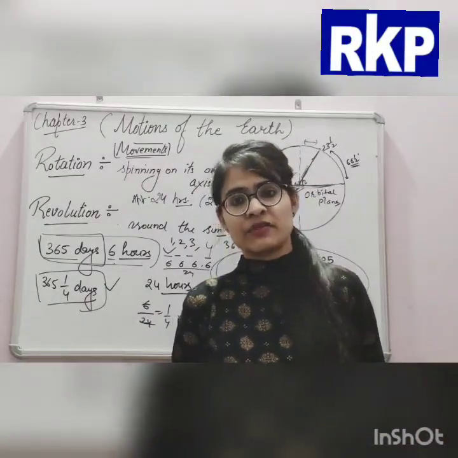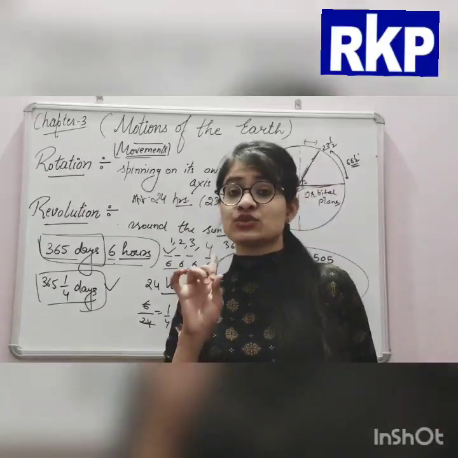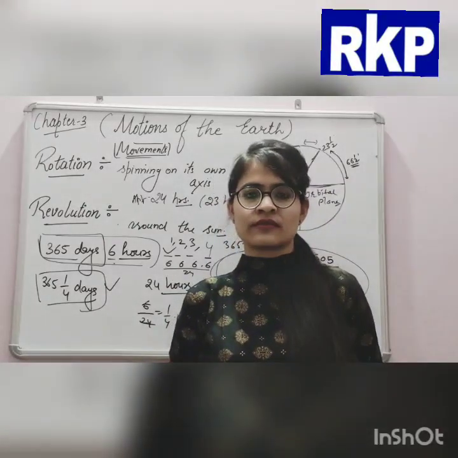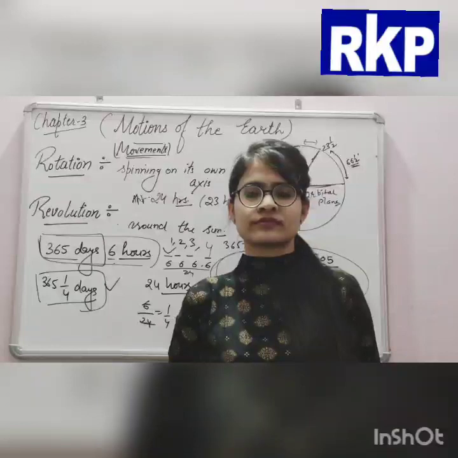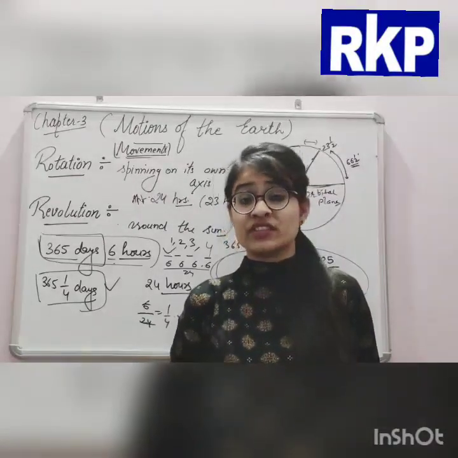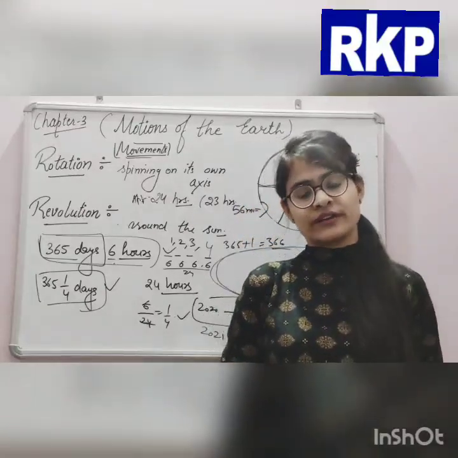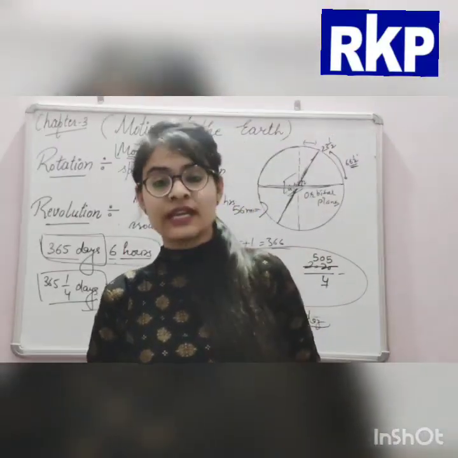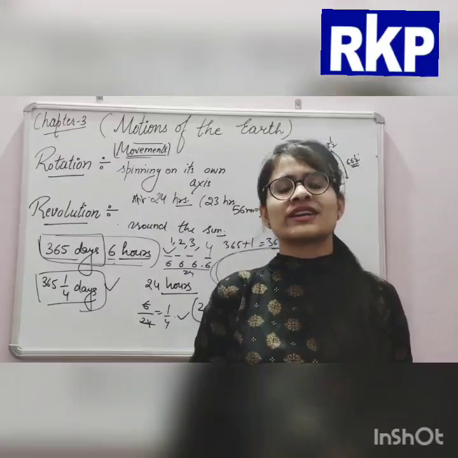Next is time taken by the Earth to complete its one revolution. Next is, what would happen if the Earth did not rotate? Next is, what is a leap year?